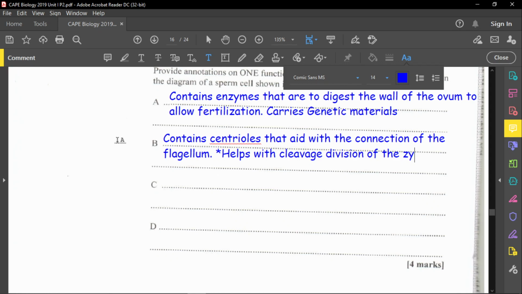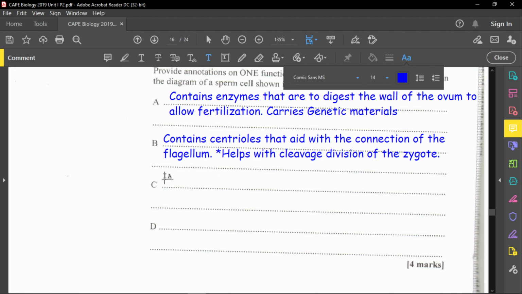And you know why that is important? Because remember, the zygote will eventually divide to make more cells and they form the embryo. Once the embryo starts forming by cell division, the centriole will be very important in the cleavage division of the zygote itself. Just to make a note of that.